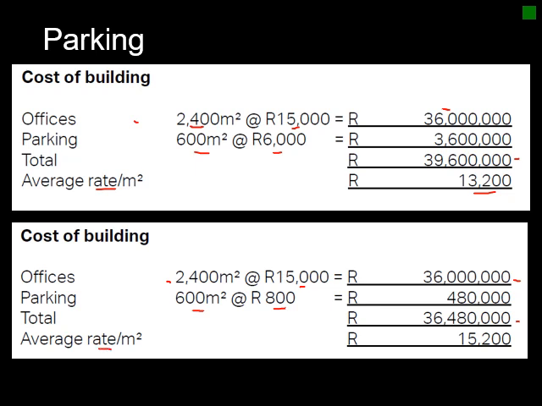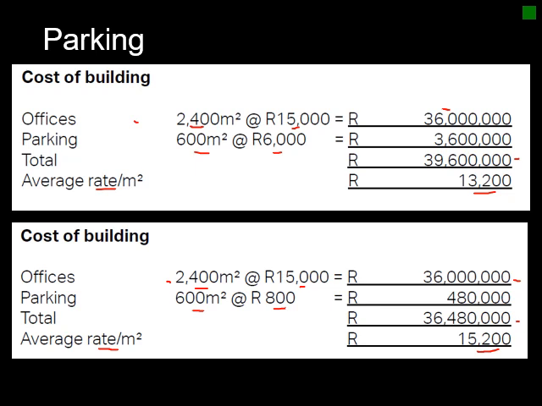But remember now, your rate per square meter is divided by 2,400 square meters and not the total 3,000 square meters. So your rate per square meter works out higher because you're working with your building's square meter rate and not your parking.